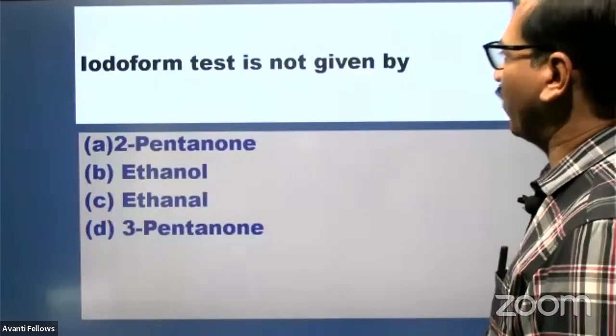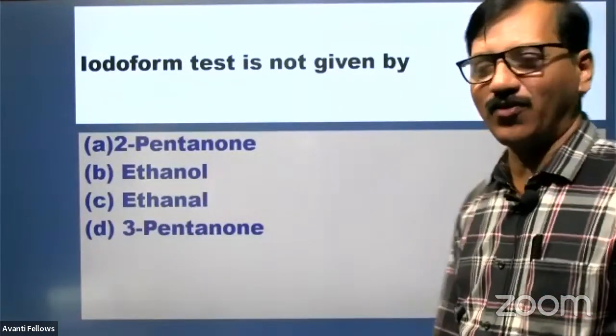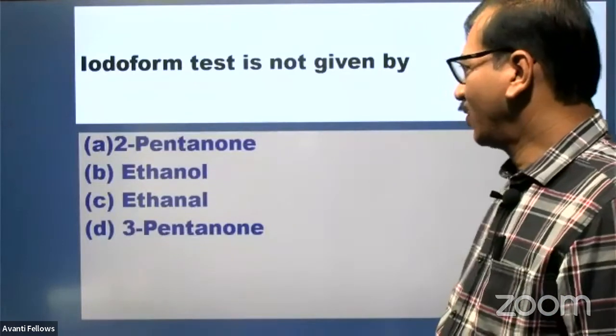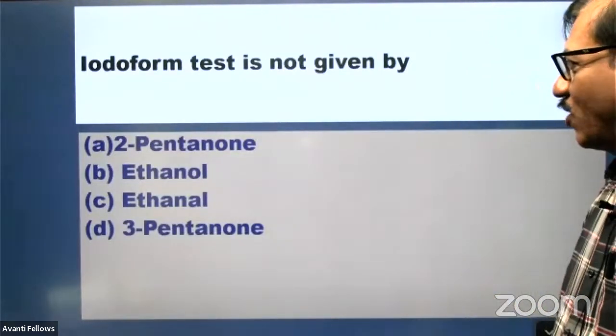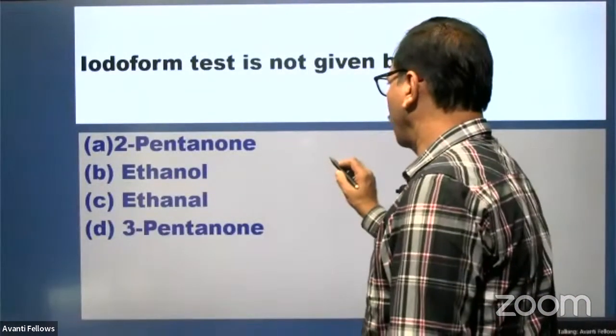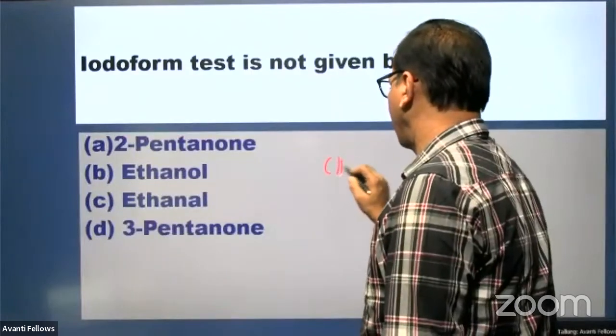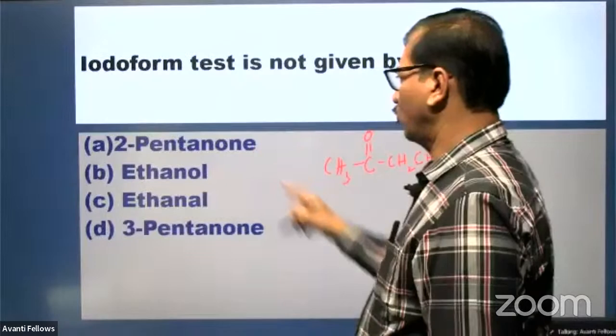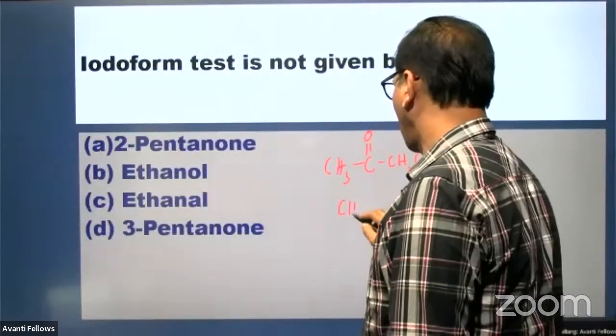Iodoform test is not given by: 2-pentanone, ethanol, ethanal, or 3-pentanone. Option D, sir. 2-pentanone has a methyl ketone group.